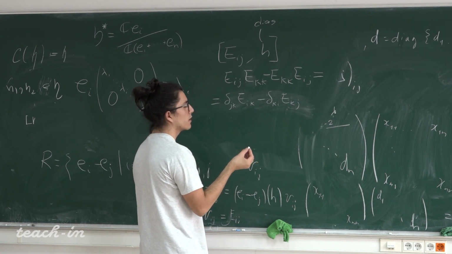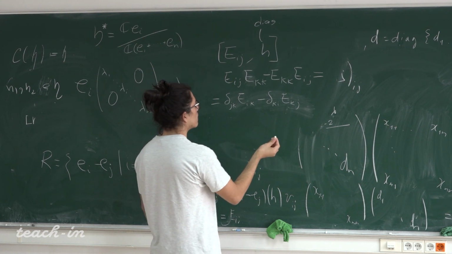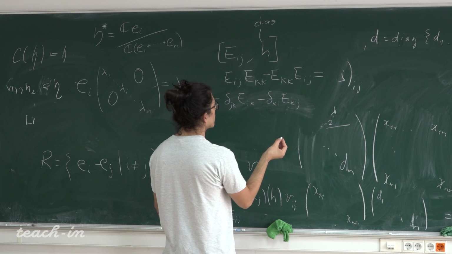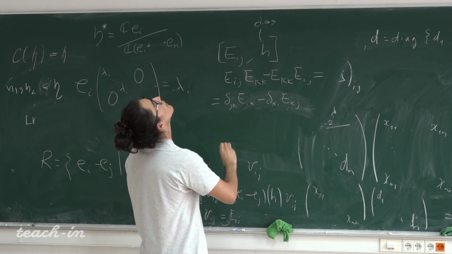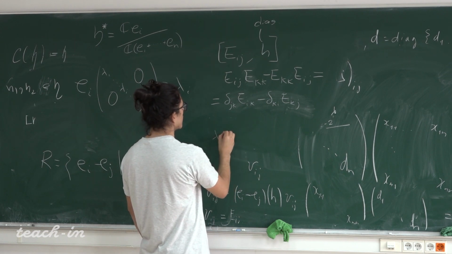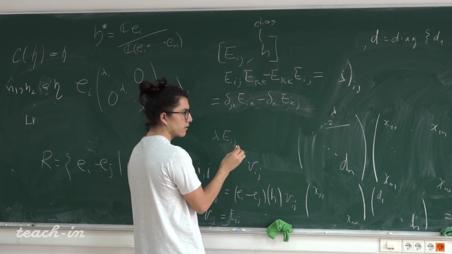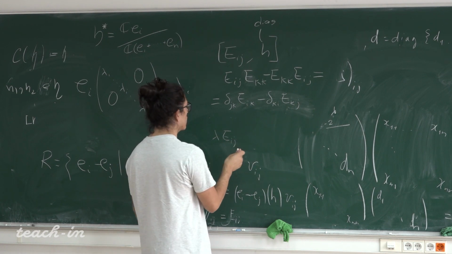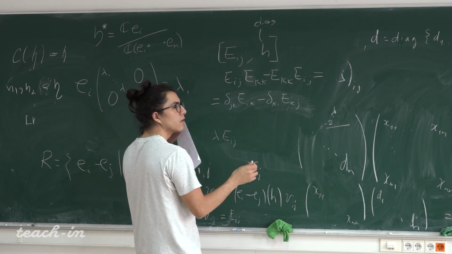We want this to be an eigenvector, right? So we want this to be an eigenvector for the action of H, like lambda ij. Did we compute this right?